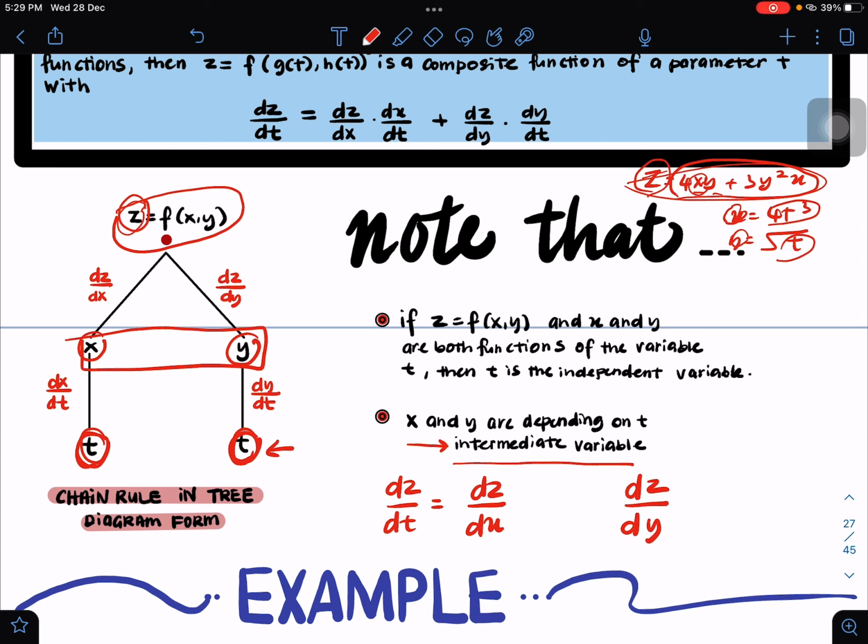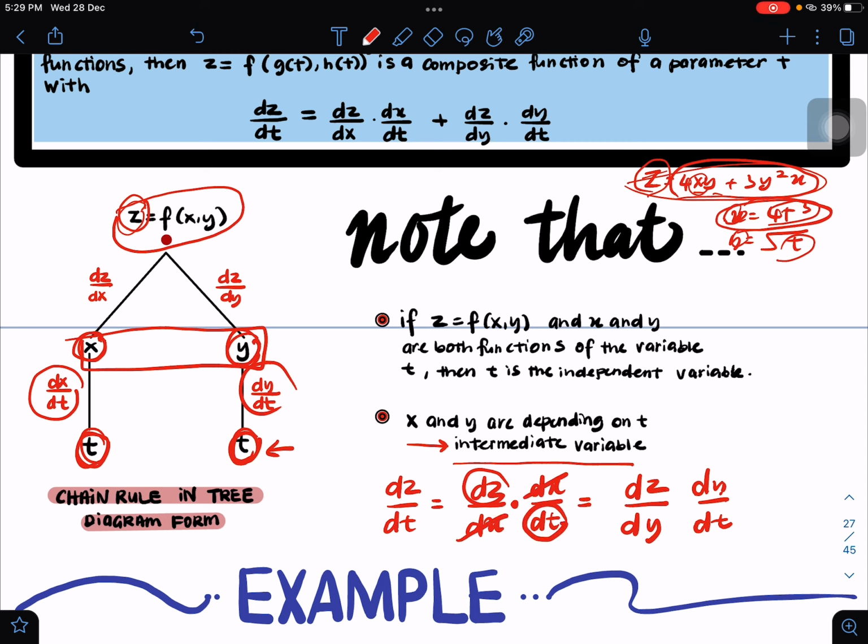From x, you can get dx/dt because x is in terms of t, and from y, you can get dy/dt. If dz/dx is multiplied by dx/dt, this gives you dz/dt because the dx can be cancelled out.